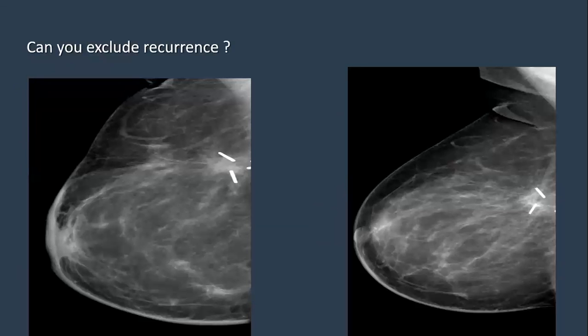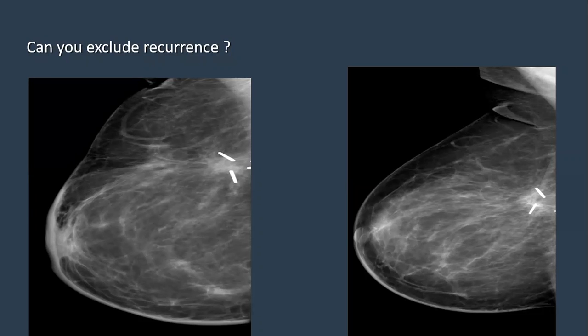These are X-rays from two different times, mammography for the same patient. Can you exclude recurrence? No. Let us go quickly. Why can you not exclude recurrence?